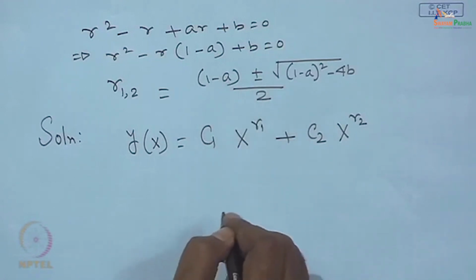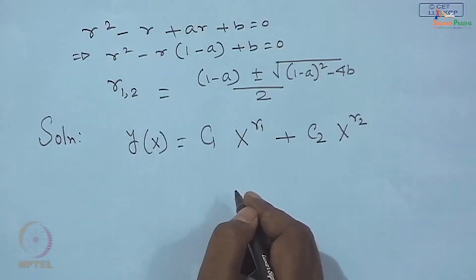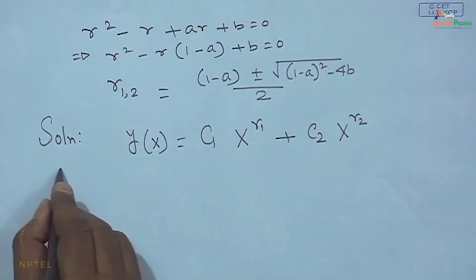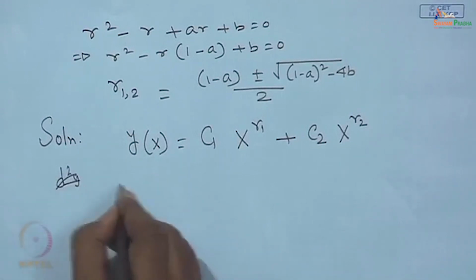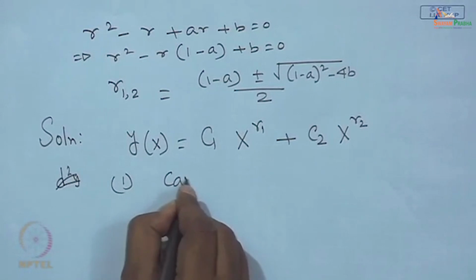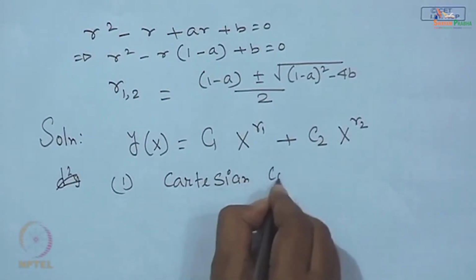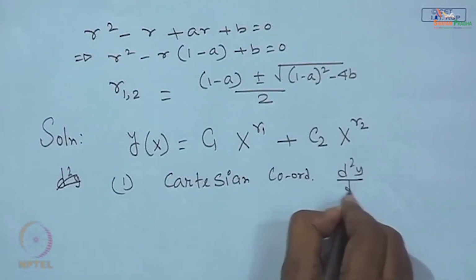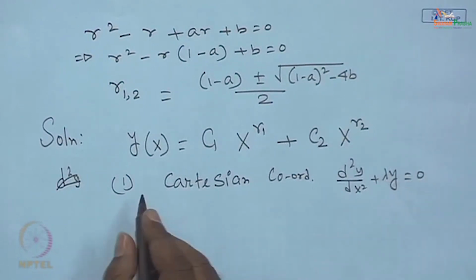So, these are the forms of special functions. These are the four forms of special ordinary differential equations we have talked about. The first one we talked about was d square y dx square plus lambda y is equal to 0. These are basically in the Cartesian coordinate.